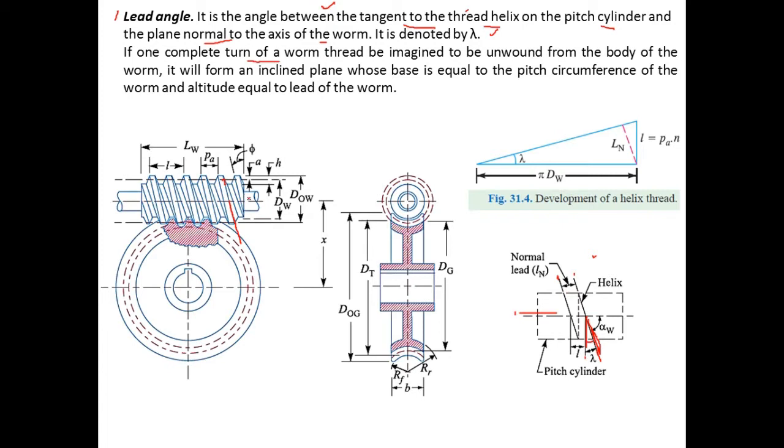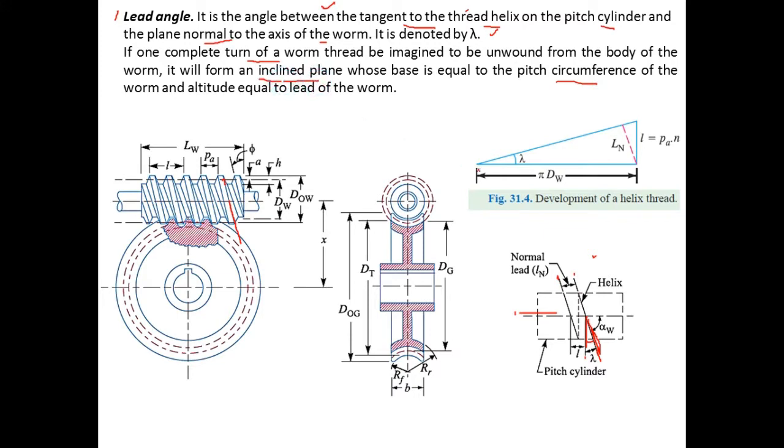If we analyze one complete turn of the worm thread, then when it completes one rotation of one thread, it will cover a distance equal to the circumferential distance, and it will be in the form of an inclined plane.